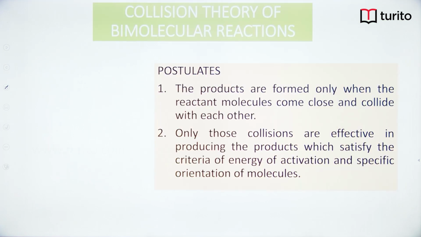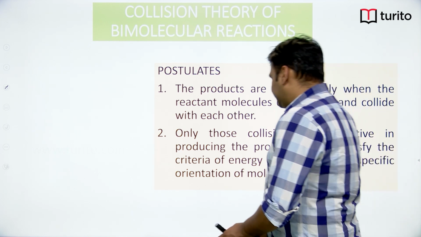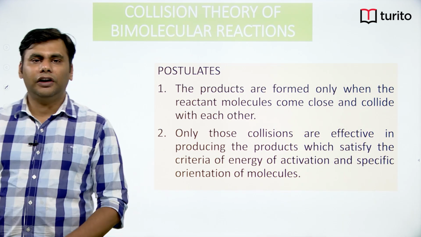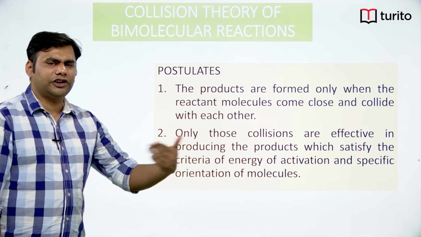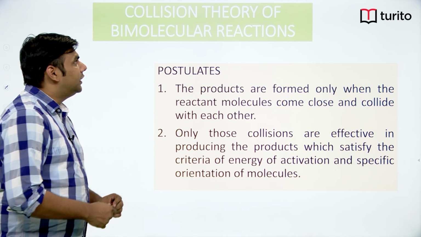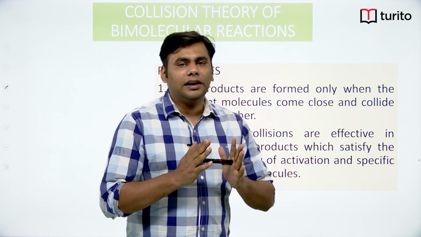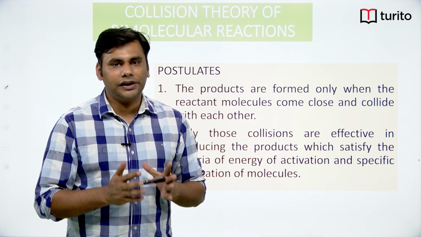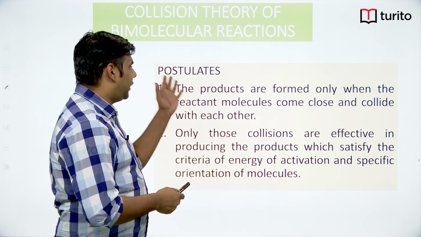Now let us enter the next important theory for explaining the temperature dependence, or explaining the Arrhenius equation in a much better manner, that is collision theory. We have already discussed this in the previous lecture, but not in the form of a particular theory.